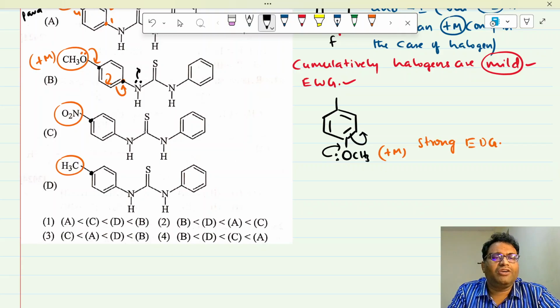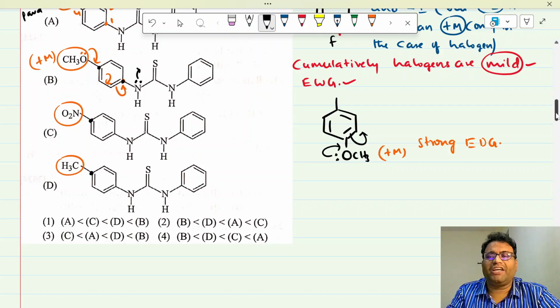Because OCH3 is pushing electron density along the pi bond, the lone pair electron density on nitrogen increases. If it increases, automatically it will be a strong base.